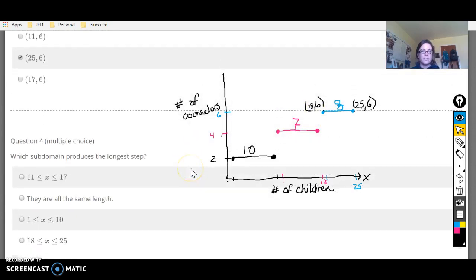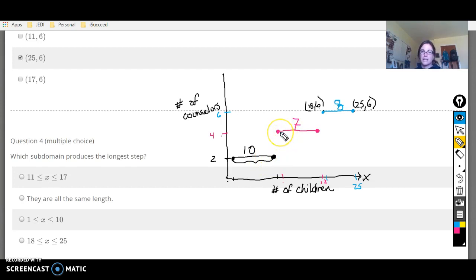Which subdomain produces the longest step? That's why I put these 10, 8, and 7 here. The longest step is 10. Before I move to add additional counselors, I'm going to have 10 students.